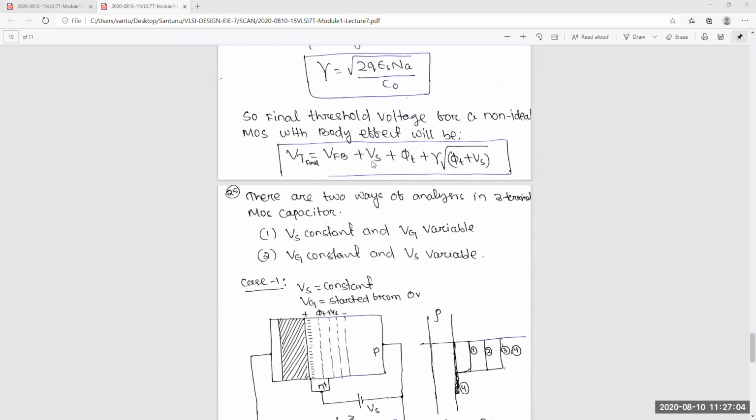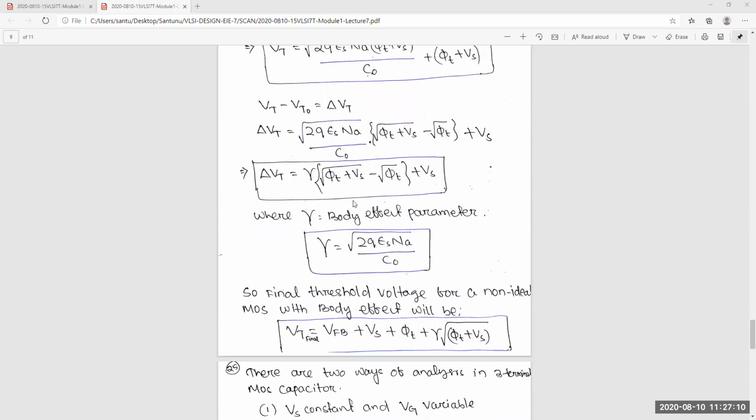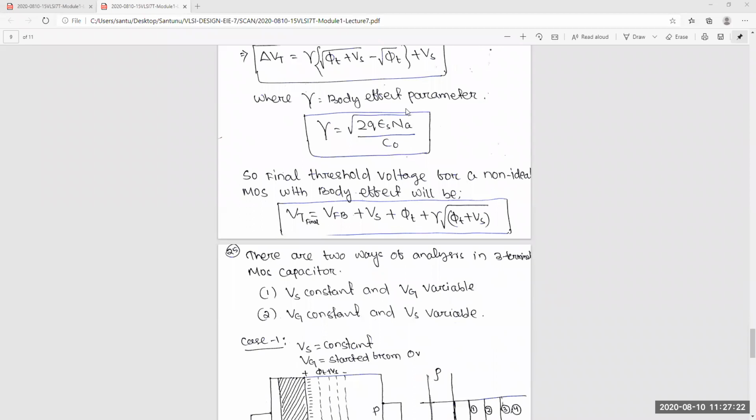So the final threshold voltage is this thing, which we have calculated for an ideal MOSFET, because for simplicity we calculated everything for the ideal MOSFET. But for a real MOSFET, you add the flat band voltage.